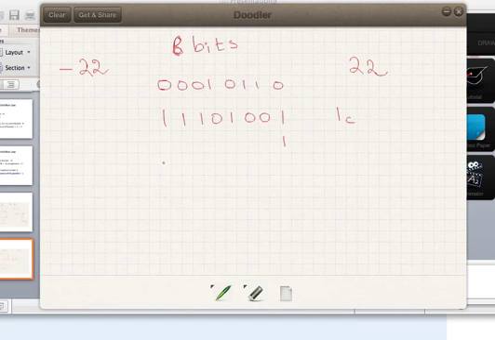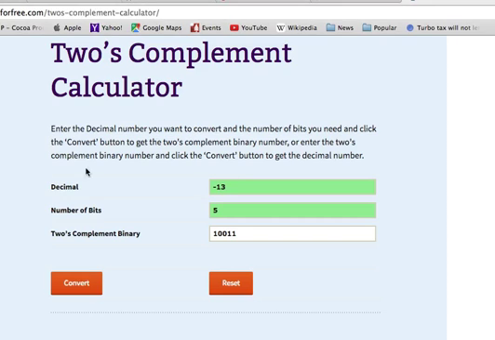Plus 1, you add to it: 0, carry 1, and so on, giving 11101010. So this is the negative 22 representation in our system. Let's go back and check it out. 22, we consider 8 bits, that is the same as that.